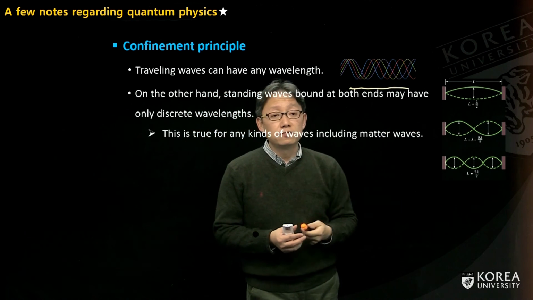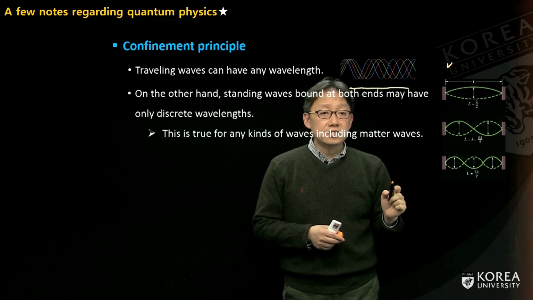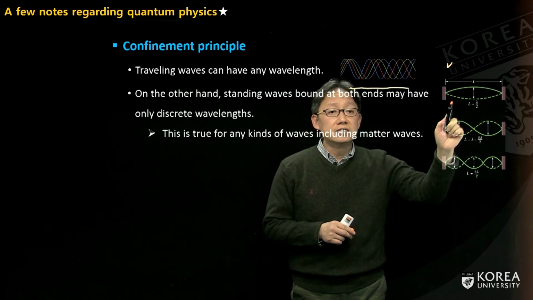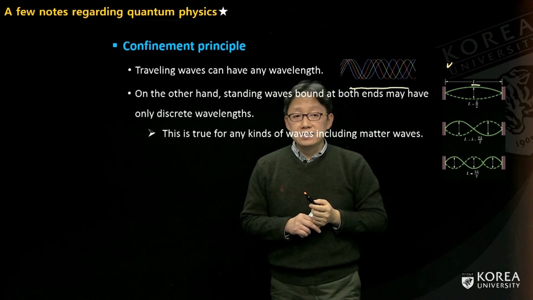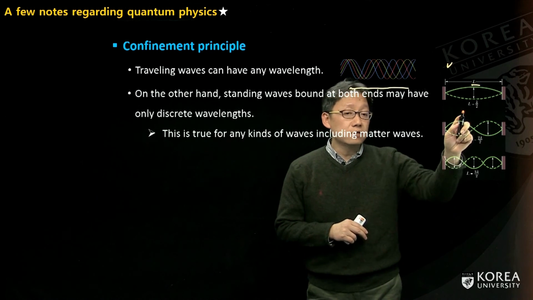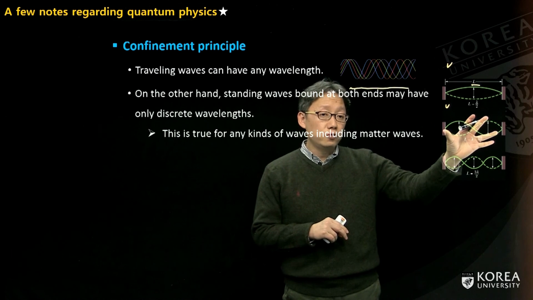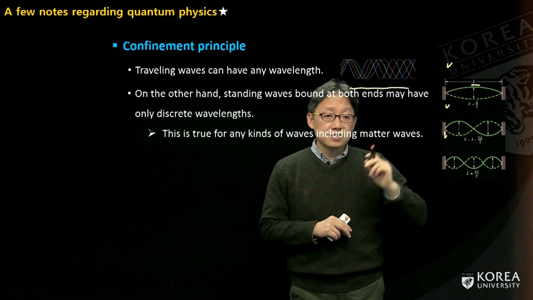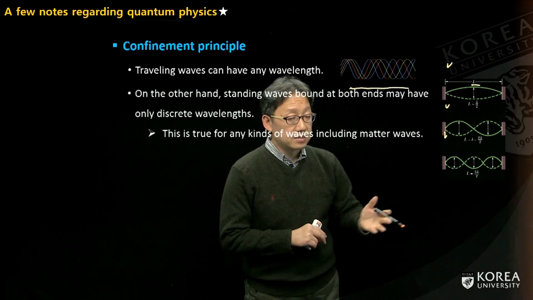For example, in the first case, if you call the distance between the two ends L, this distance L is equal to half of the wavelength. In the second example, the same distance corresponds to one full wavelength. And in the third example, it corresponds to one and a half wavelengths, and so on.